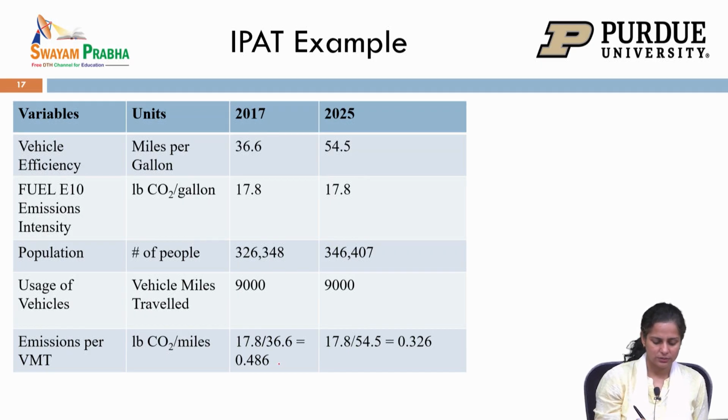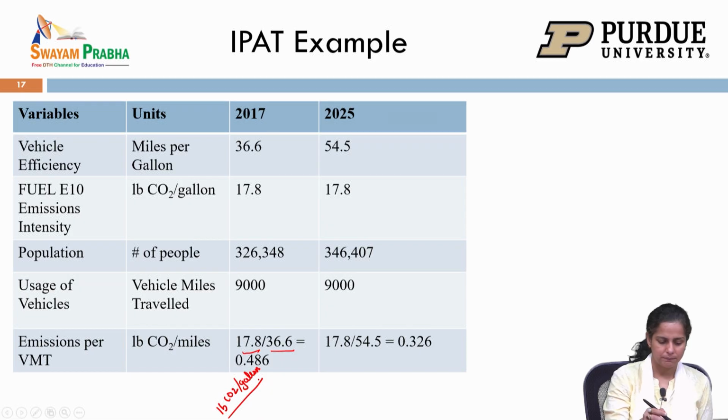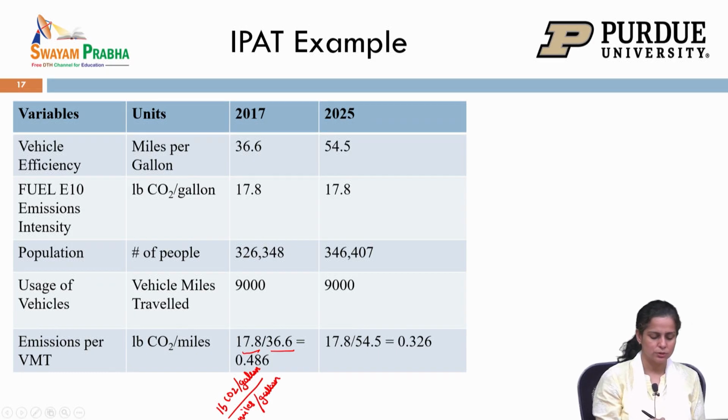This is calculated as 17.8 divided by 36.76. We are dividing the pounds of CO2 per gallon by the miles per gallon, and hence you are getting the pounds of CO2 per mile.